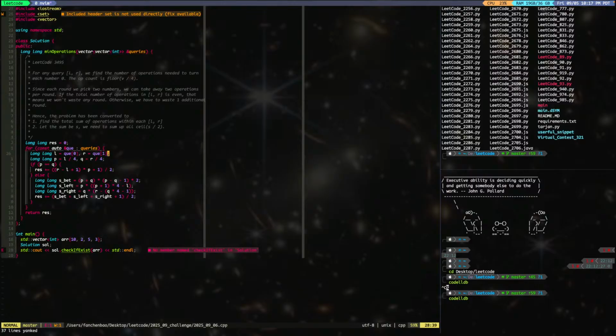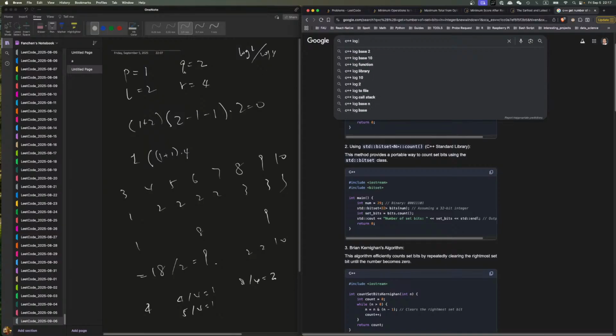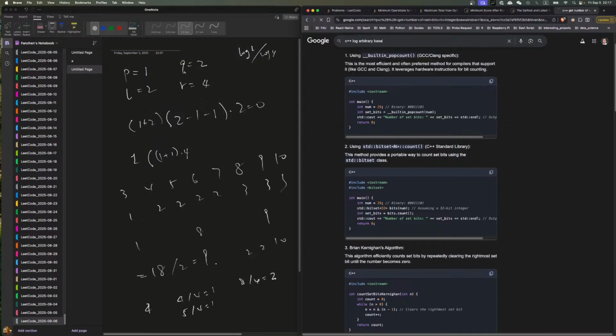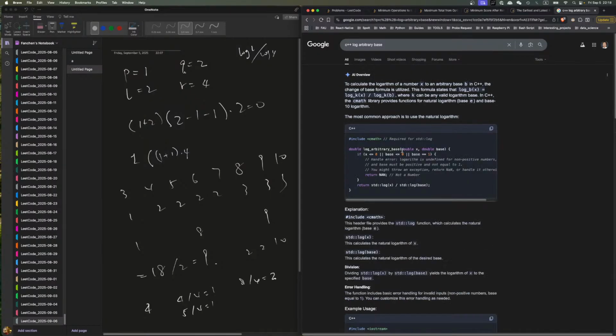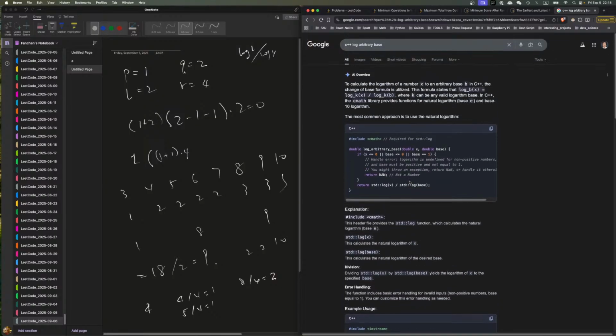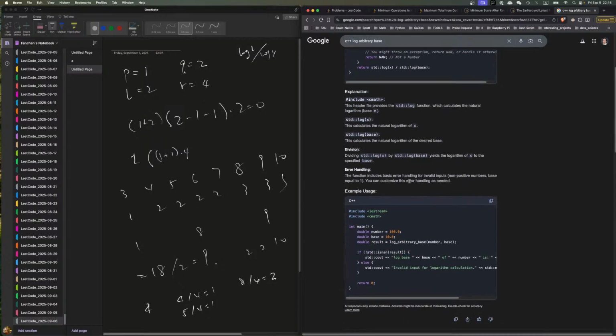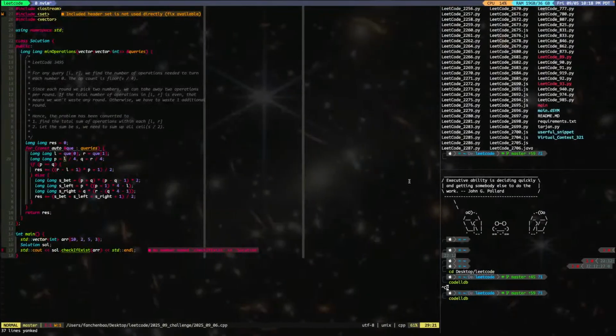The P is the number of operations, right? So this is going to be, I actually don't know how to do log with arbitrary base. There's gotta be something. You're kidding me. So it has to be double. Okay.